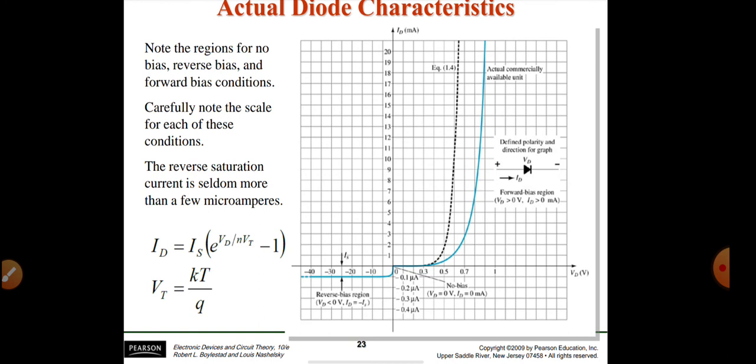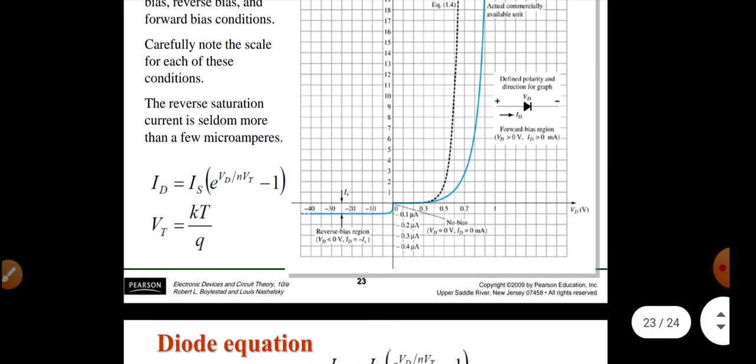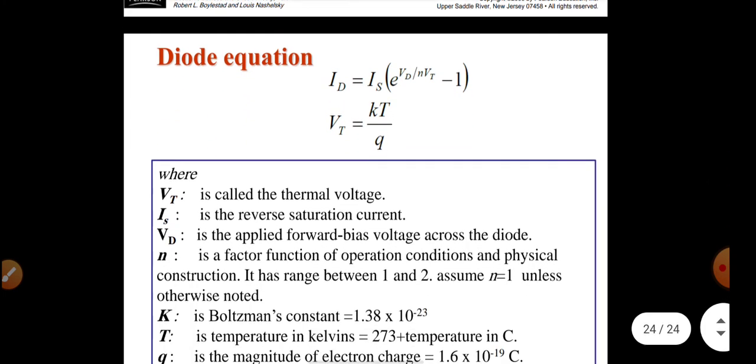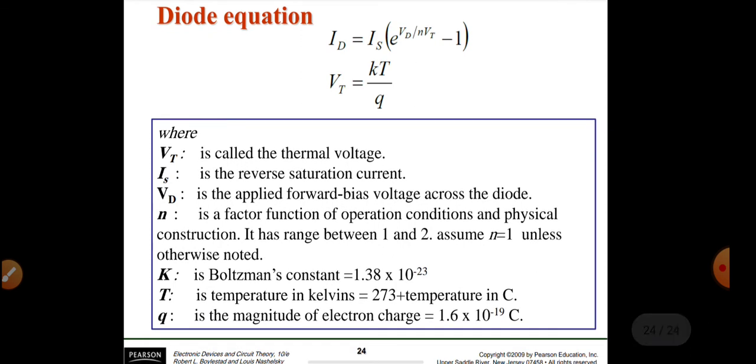So if you are giving a voltage greater than 0.3 for germanium, or greater than 0.7 for silicon, then current will flow, and the electrons will shift from the valence band to the conduction band. So this curve will indicate that current will flow, and the reverse saturation current is flowing like this. The diode current equation, we'll discuss in detail.